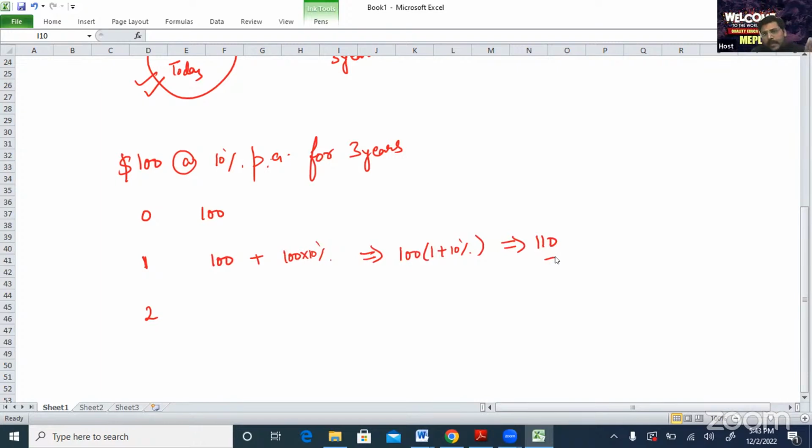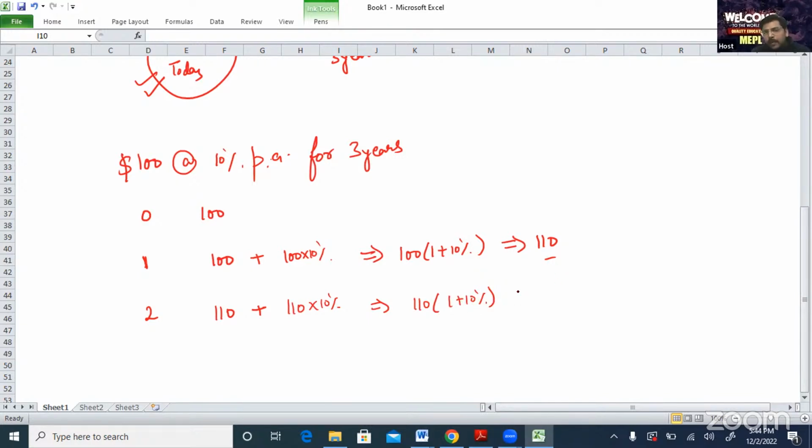So in the second year, 110 is your amount now, and you should earn interest on this 110. So again, if I want to write it down mathematically, I can take 110 as common and then 1 plus 10%, as simple as that.